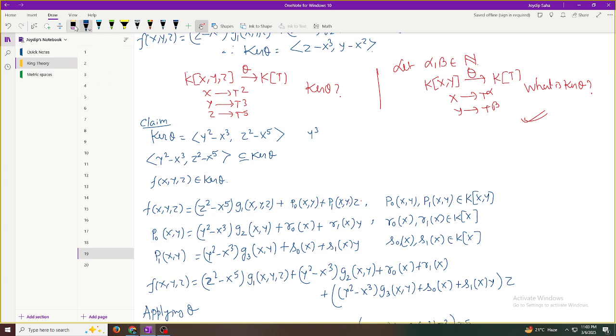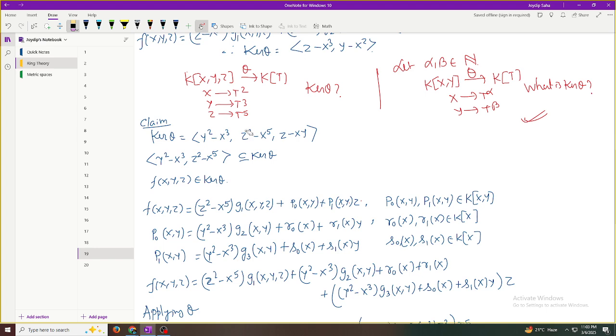No, z minus xy, sorry. If I add this z minus xy, z minus xy also lies in this kernel, right? If I write z minus xy, then one p1 is dropped. I remove this part.